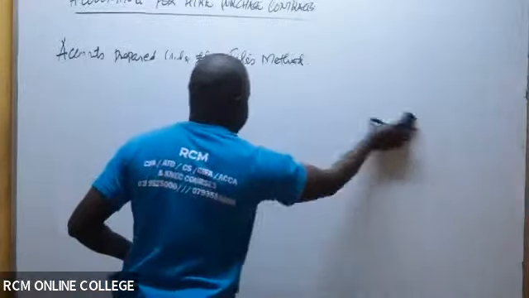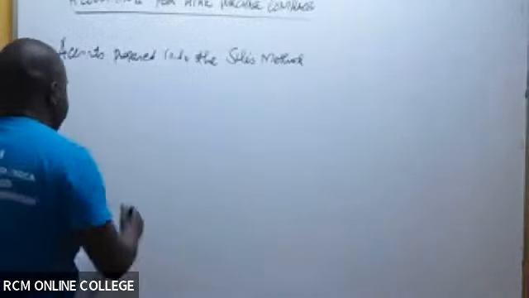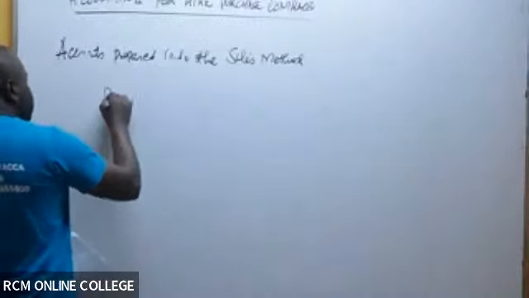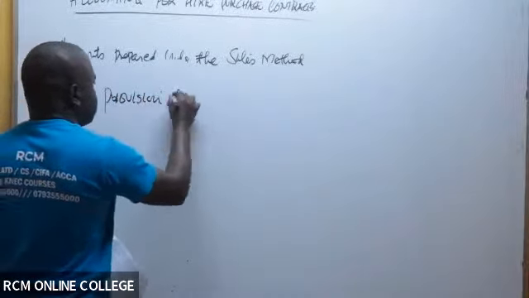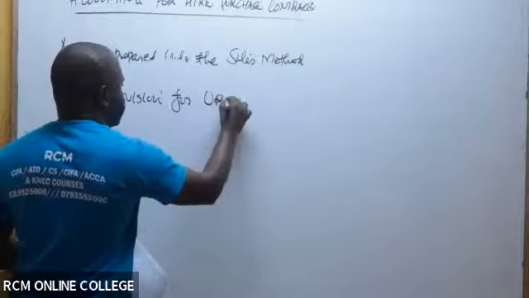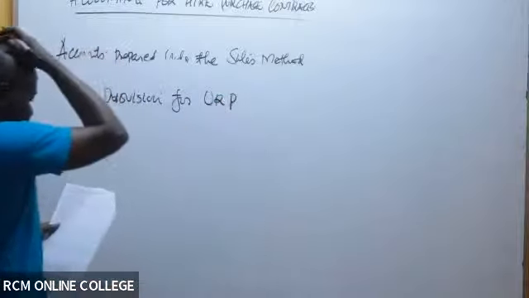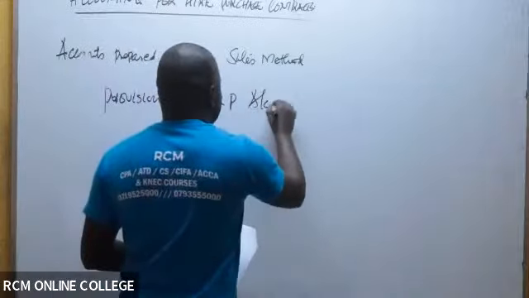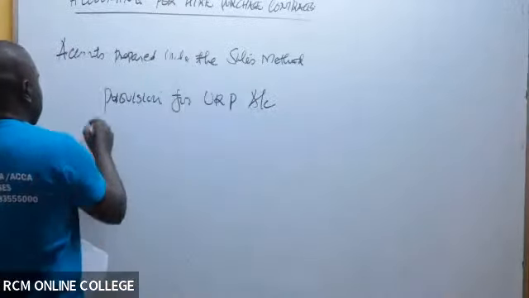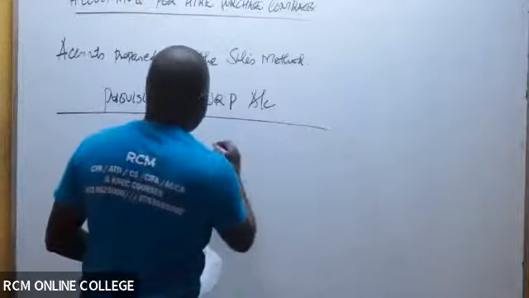We said there are three accounts. So the third account in this case is the provision for unrealized profit account. This is how you come up with it.